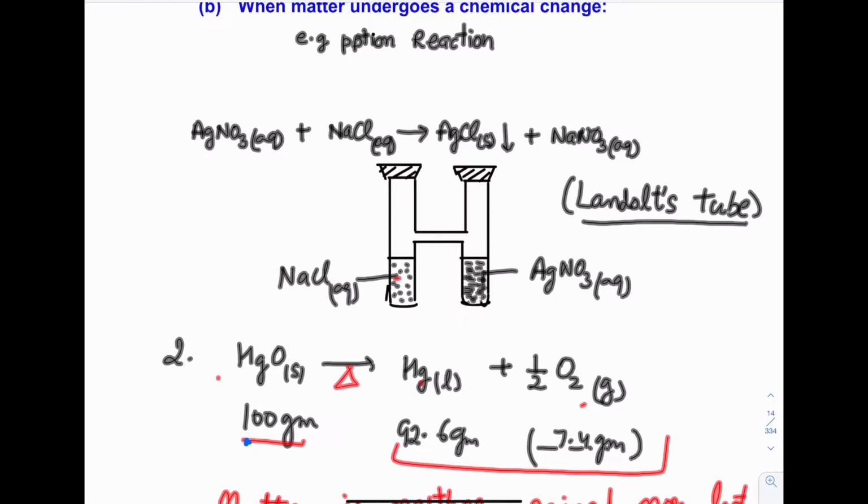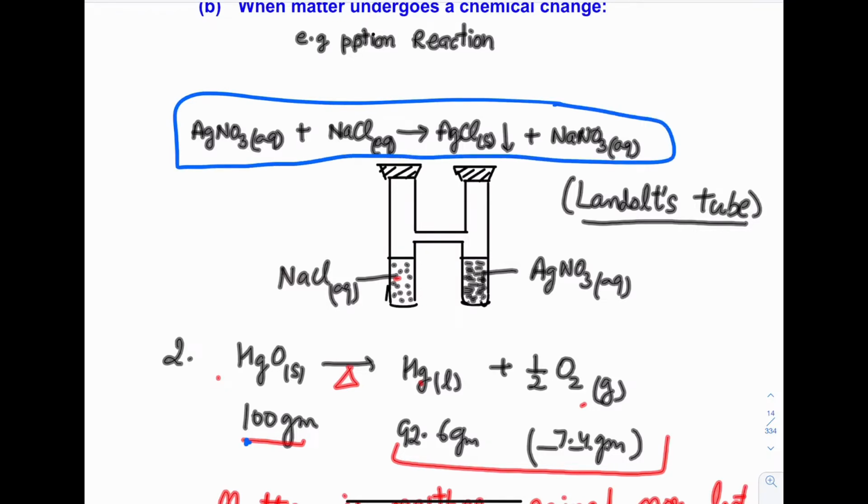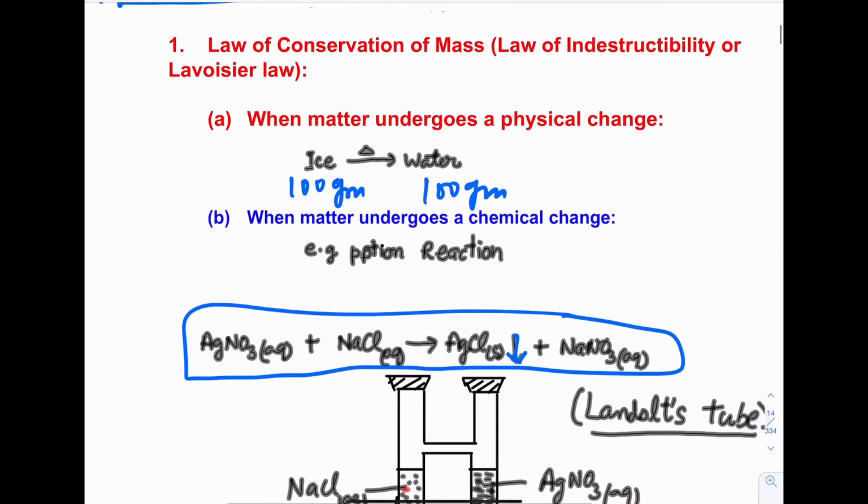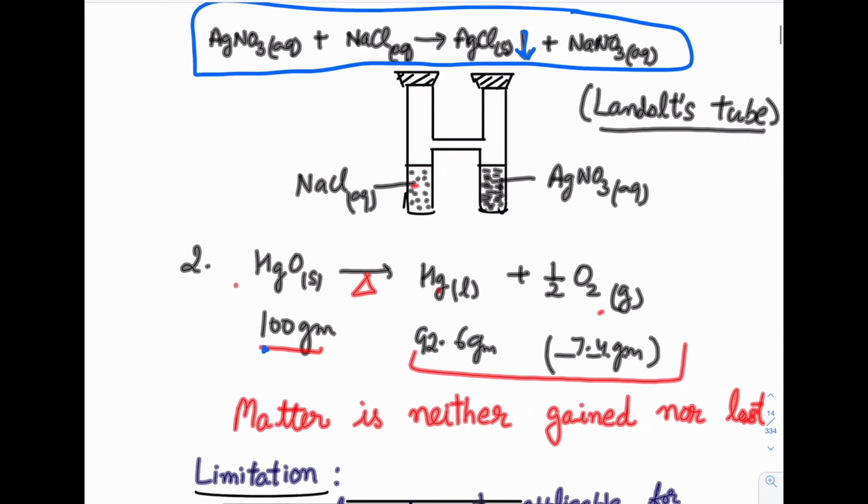Before mixing these two solutions, we'll take the weight of this tube, and after mixing, there is a displacement reaction, and white precipitate of silver chloride appears. Even after that, the total mass will remain the same. So this will prove the law of conservation of mass, or the law of indestructibility of matter.